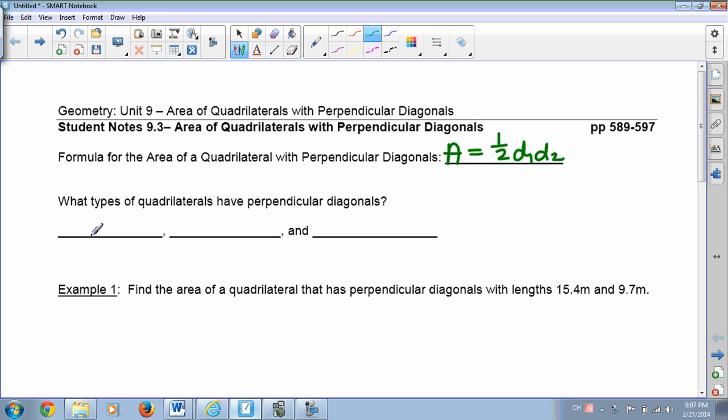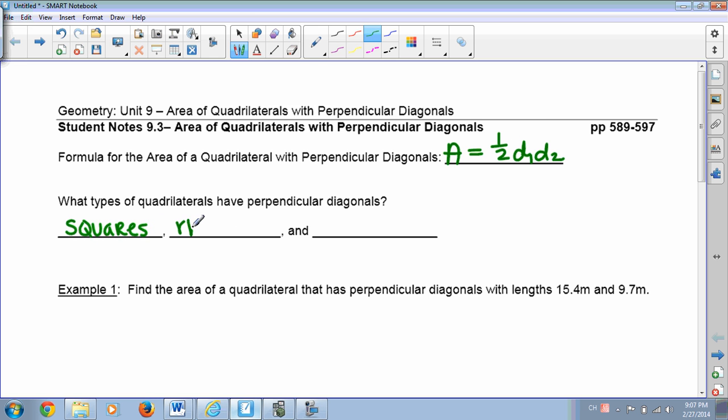Okay. So what type of quadrilaterals have perpendicular diagonals? So you can use this formula, 1/2 d1 times d2, with these following three figures. Squares have perpendicular diagonals. You also know to find area of a square, it's just side times side. But you can also use this formula as well.